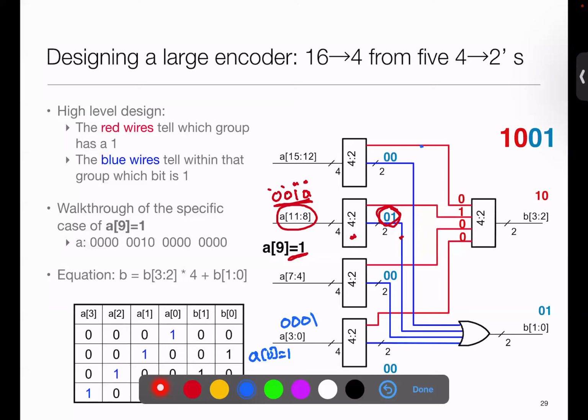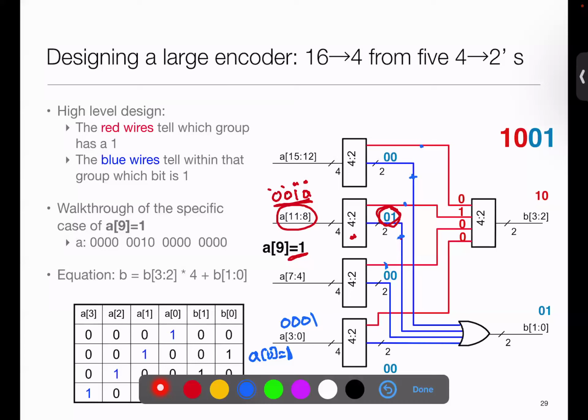So this red line would be 0, this blue line would be 0, 0, this red line would be 0, this blue line would be 0, 0, this red line would be 0. Yeah, I see what you're saying. So what will happen now?